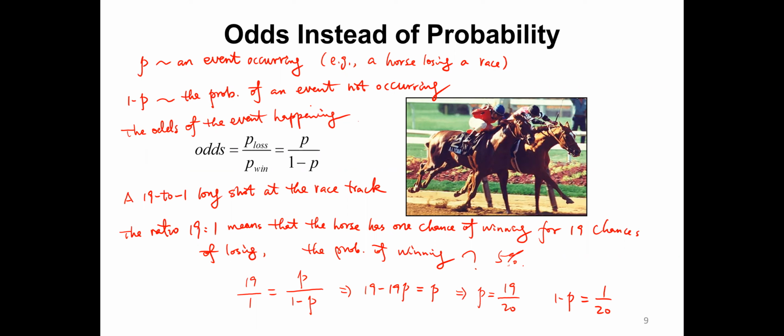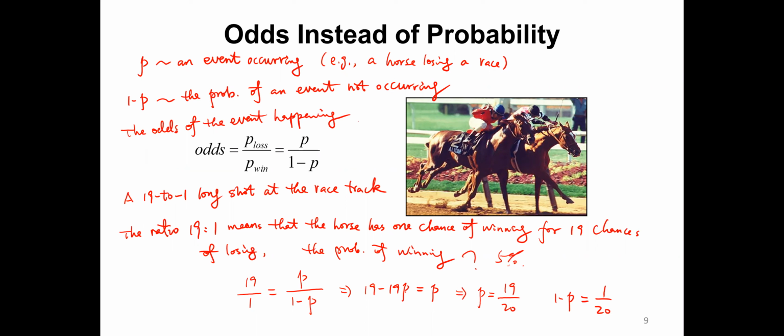The odds of the event happening is P loss over P win, so this will be P over 1 minus P. So 19 to 1 long shot at the racetrack, the ratio 19 to 1 means that the horse has one chance of winning for 19 chances of losing.